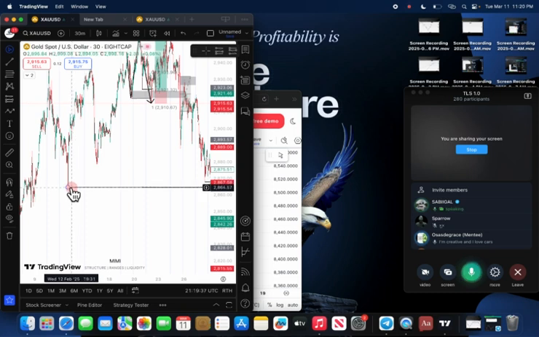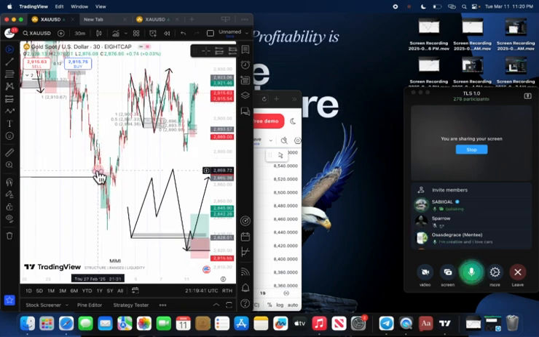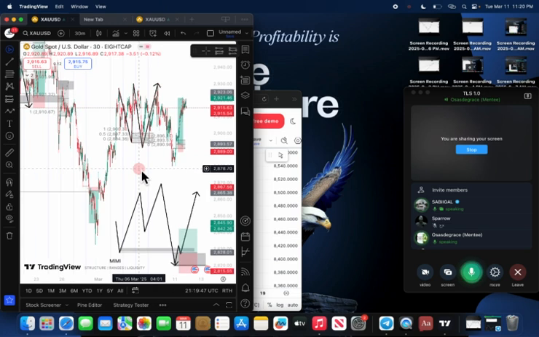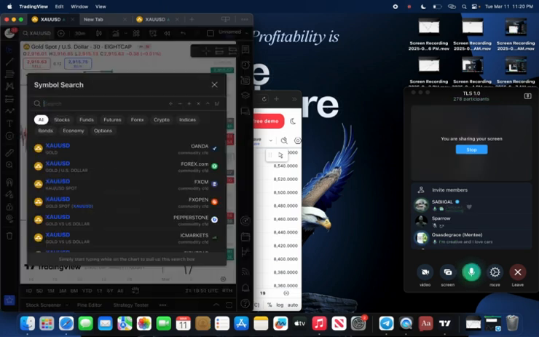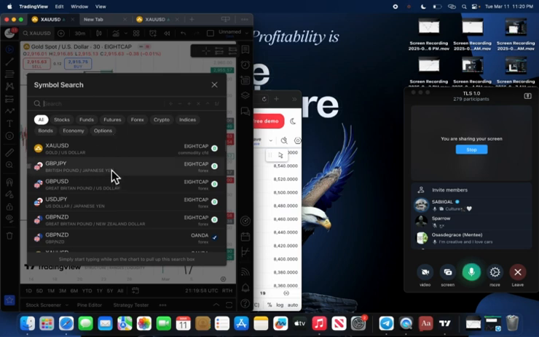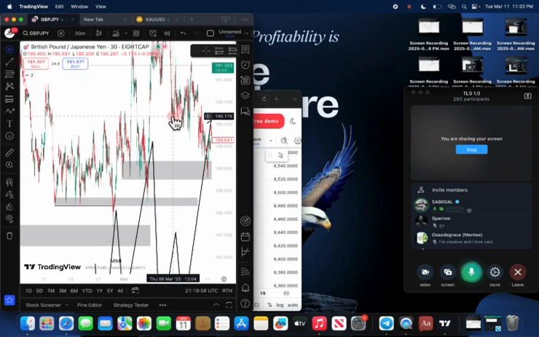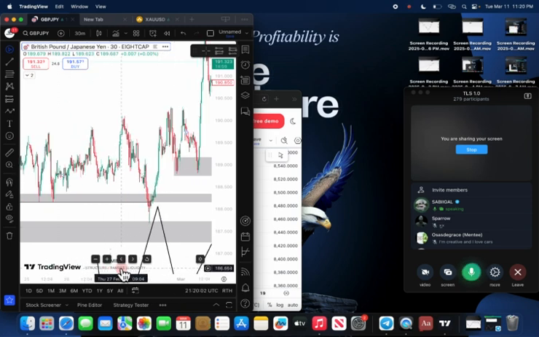Okay, what about the other side? What entry, the re-entry that you enter at around here? Like those ones, no, it's not necessary.